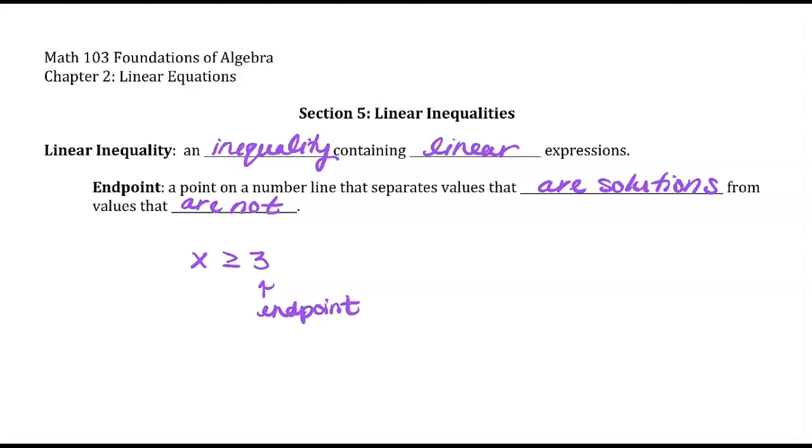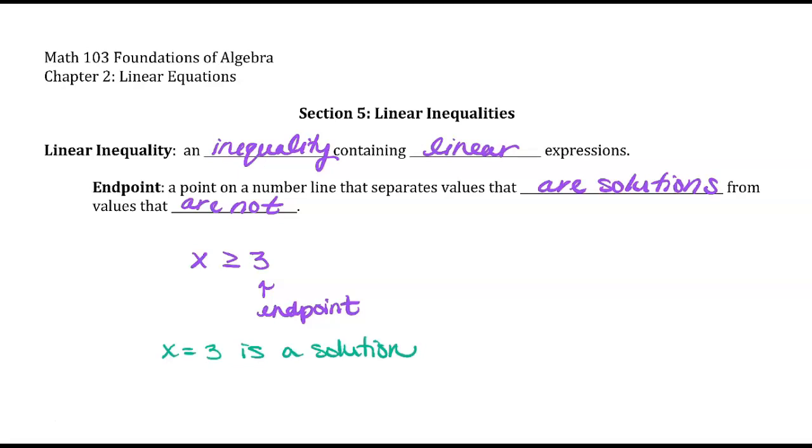I also want you to notice that since we are allowing x to be greater than or equal to 3, x equal to 3 is a solution. It also serves as the number that separates values that are in the solution set and those that are out of the solution set.